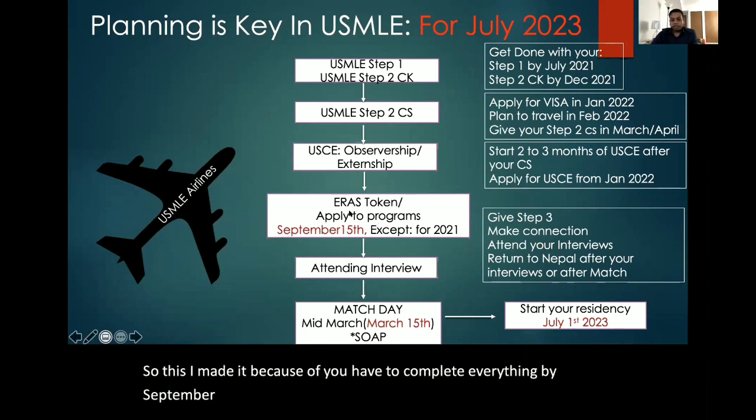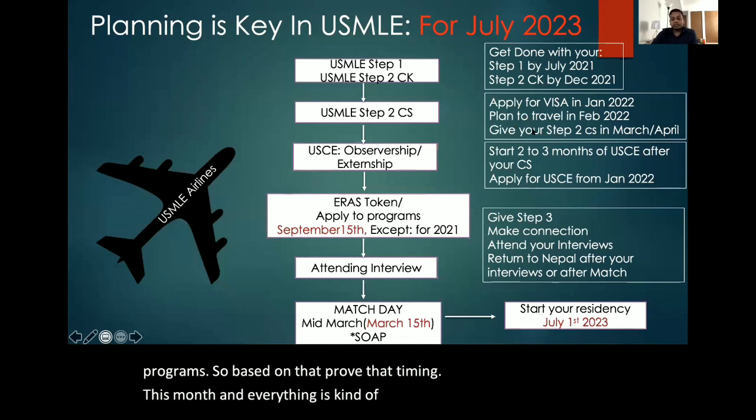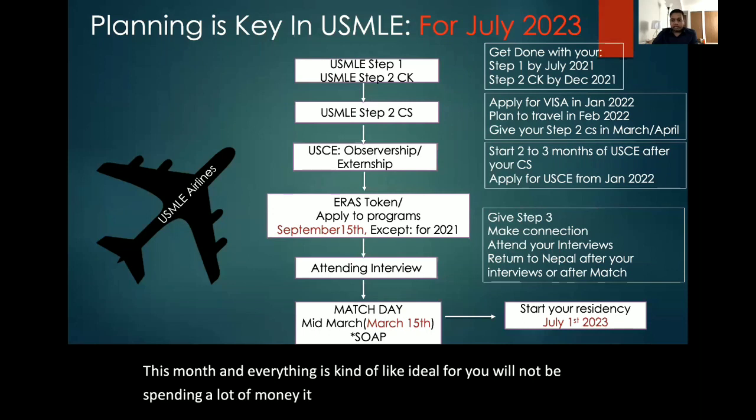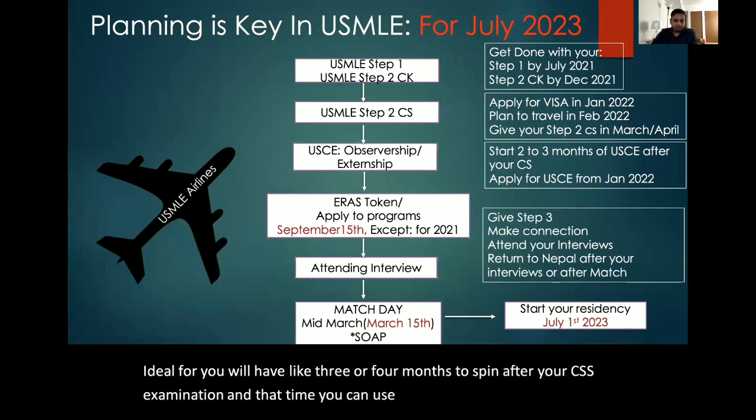That's when you will have to apply for your programs. So based on that timing, these months and everything is kind of ideal for you. You will not be spending a lot of money. It will be saving your money and it will work ideal for you. You will have like 3 or 4 months to spend after your CS examination, and that time you can use for the clinical experience. Let's see the next slide.